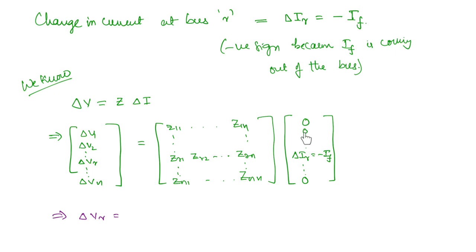All of the elements here are 0 except the rth element. So delta VR is ZRR into minus IF. This is the change in voltage at the rth bus.